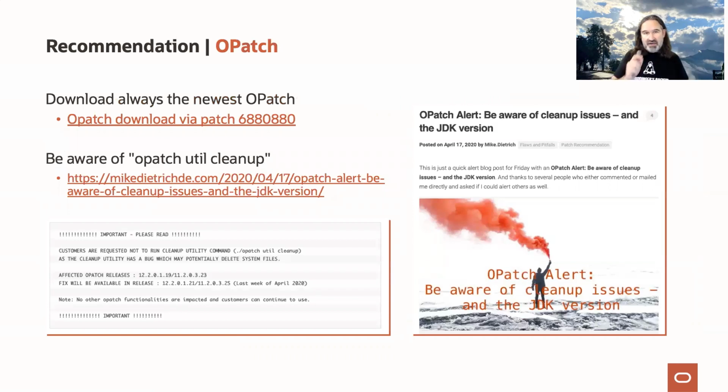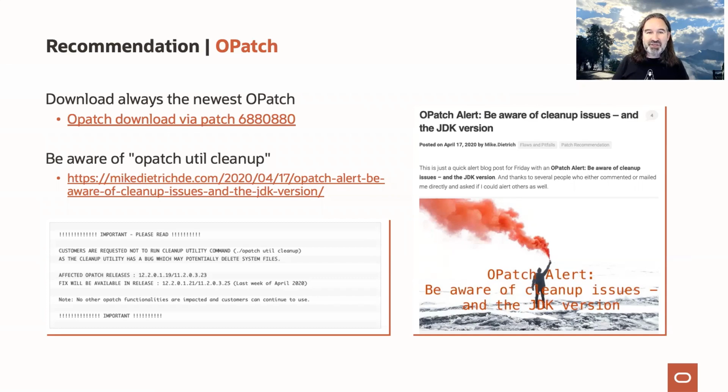Why do I insist that you need the newest opatch? We had a terrible issue with opatch util cleanup. This removes a few files from the .patch_storage directory, the hidden directory. And unfortunately, this had a big flaw, I think until the April opatch.